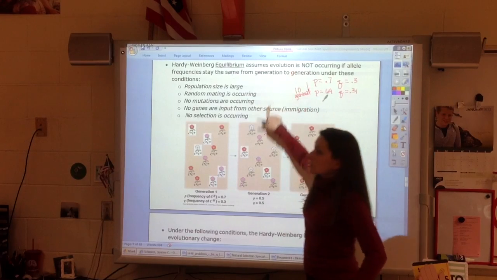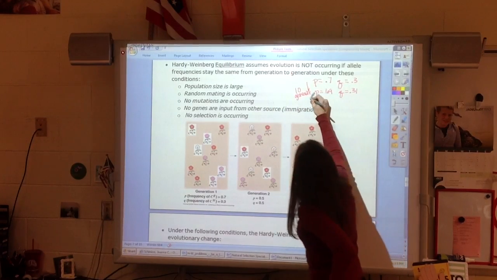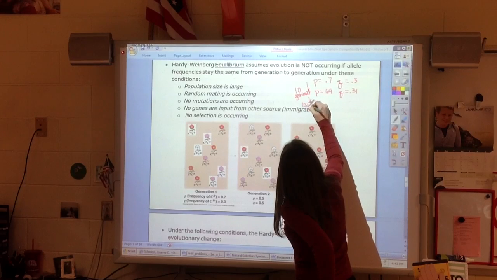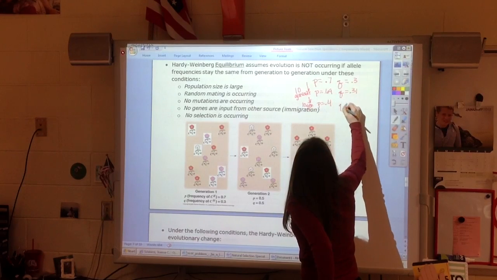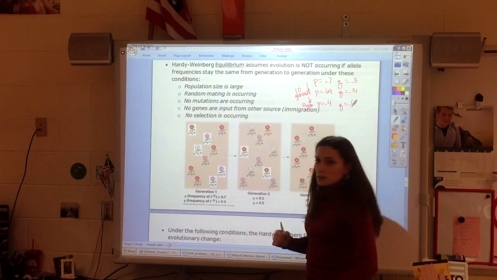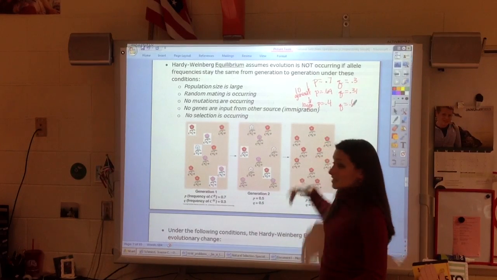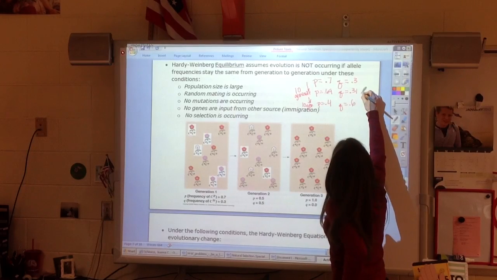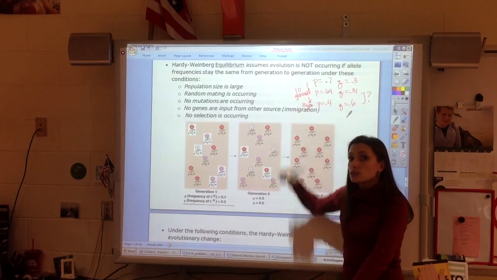Therefore, evolution is not occurring. However, what if another 10 generations happen, and now my P is 0.4 and my Q is 0.6? That's a pretty drastic change, and so that means that something is happening. And so therefore, we start to question what is causing this change.